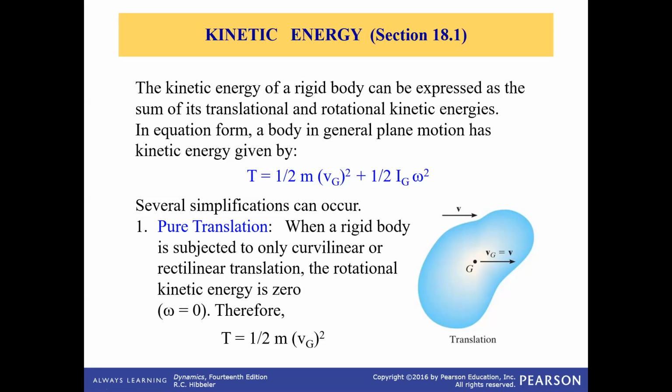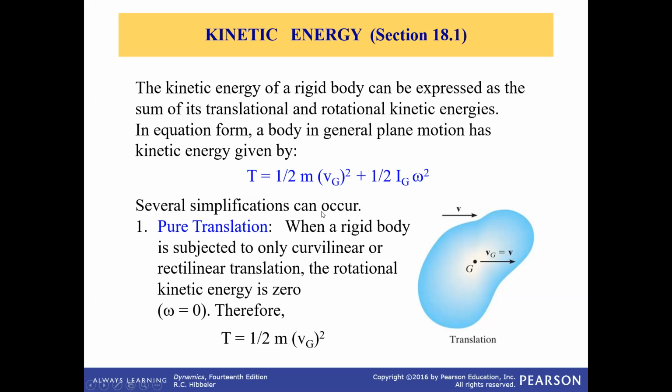This is the case if we have plane motion. In this case the kinetic energy T is equal to 1/2 mv squared, which is due to translation of the center of gravity of the body, plus 1/2 Ig omega squared, the rotational kinetic energy.